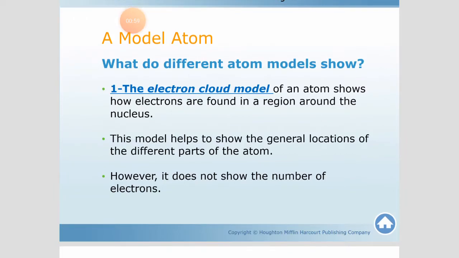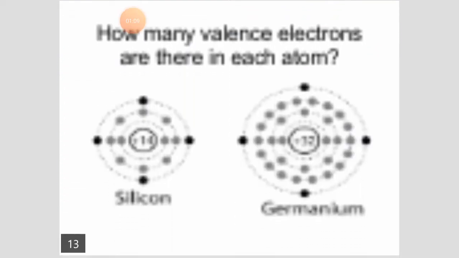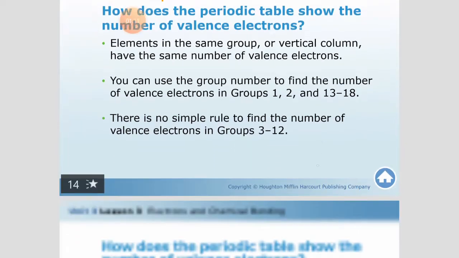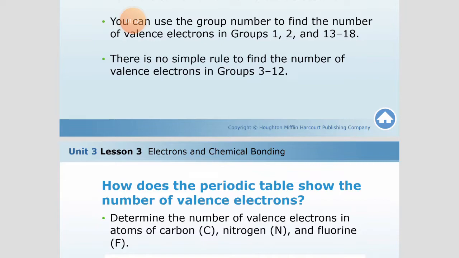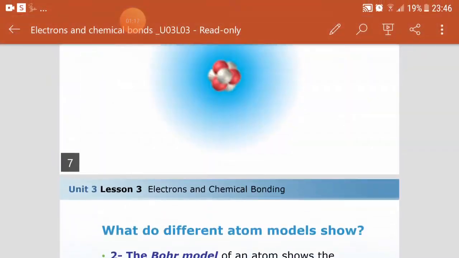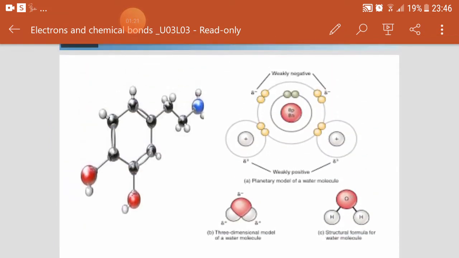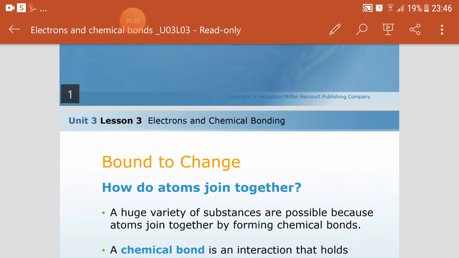We will talk about the models of the atoms that can help us in studying the atoms. We will talk about the chemical reactions. We'll start talking about the chemical reactions actually. Then in the next lessons, we will talk about the types of chemical bonds.